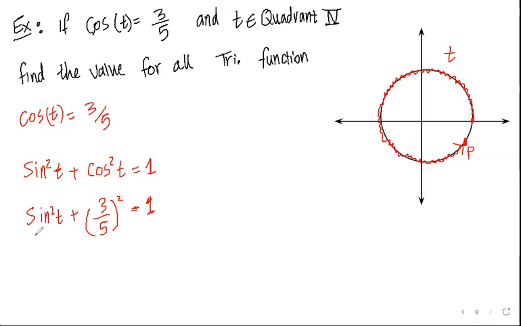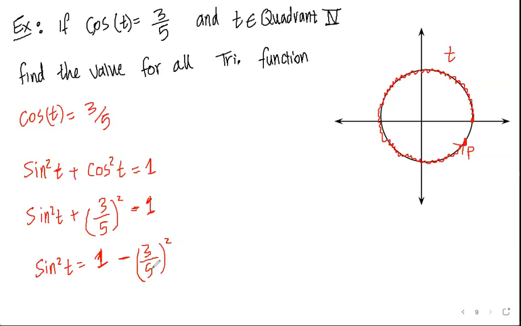Now I can find the sine. So the sine square of t equals 1 minus 3/5 square.